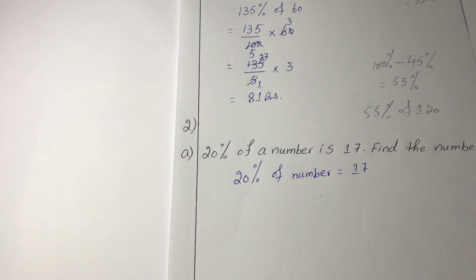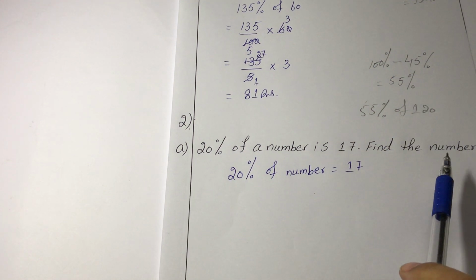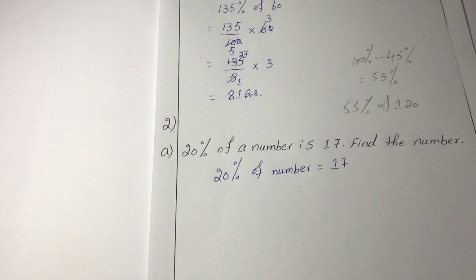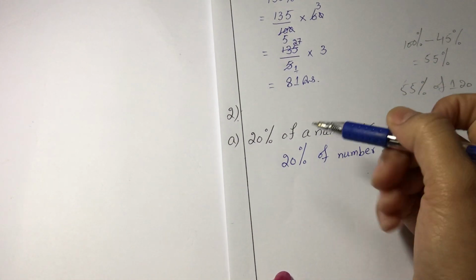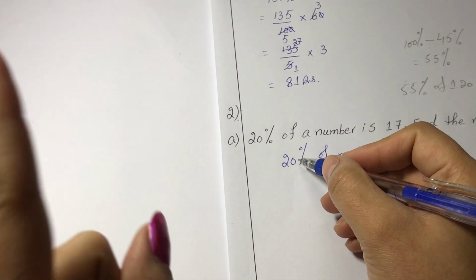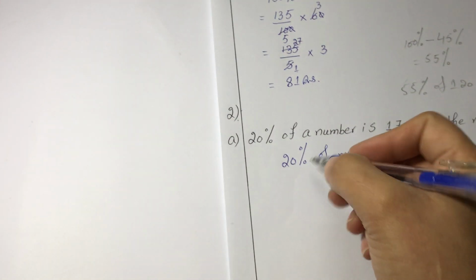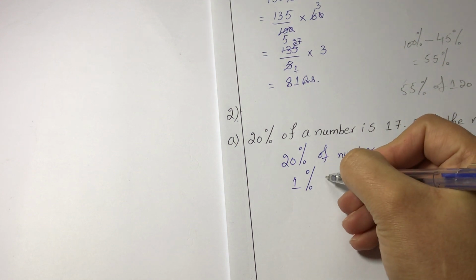Now as 20% of the required number is 17 and you have to find the number, your complete number's percentage will be 100%, right? 20% of a number is given, you have to find the 100% of the number. For that, we are going to use the unitary method, and first you will calculate the value of 1 unit. As you have the value of 20 units, so first I'll calculate the value of 1.